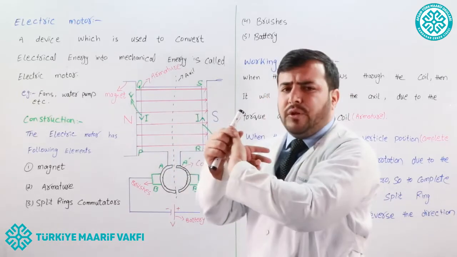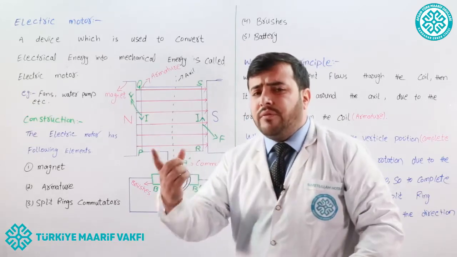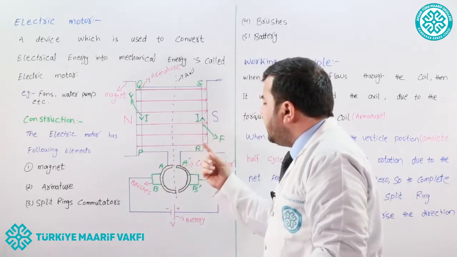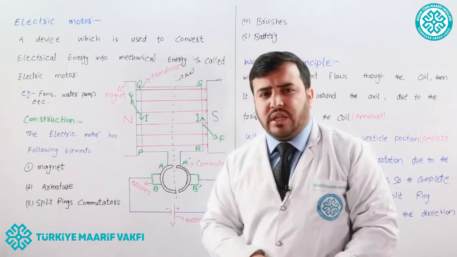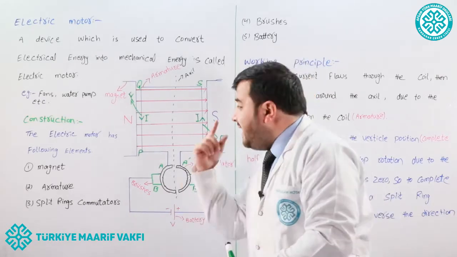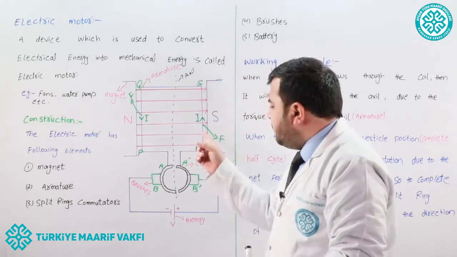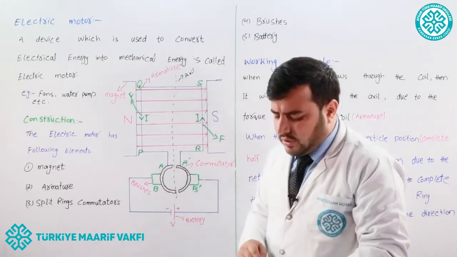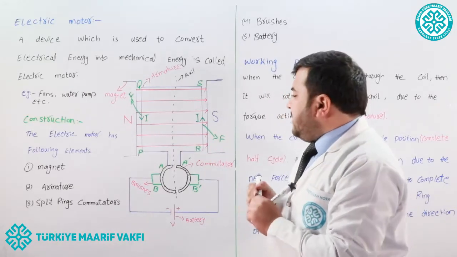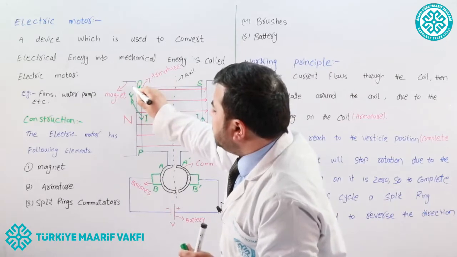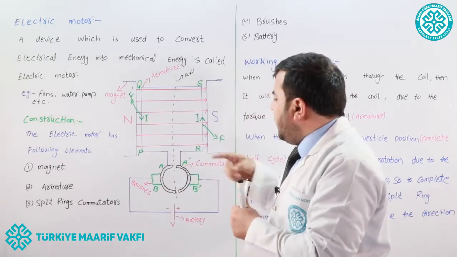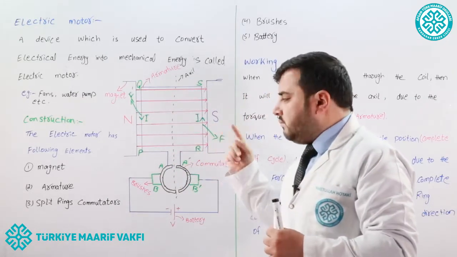Now this thumb will indicate the direction of the force. This force is acting inward to the screen, and it is represented by F. So the direction of the force acting on the RS side is inward.